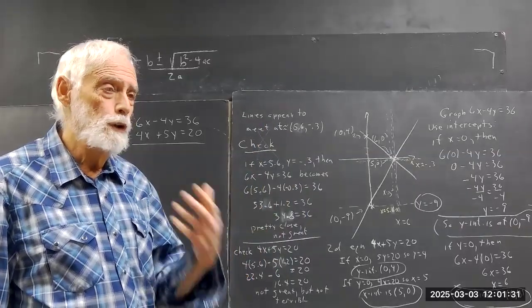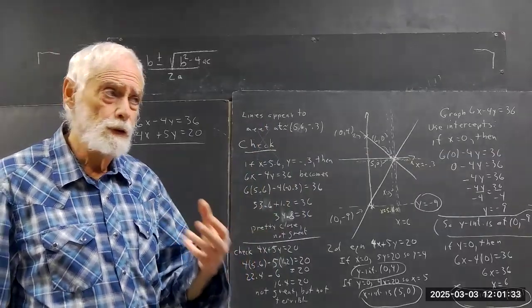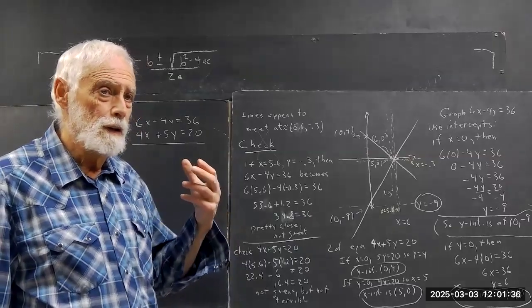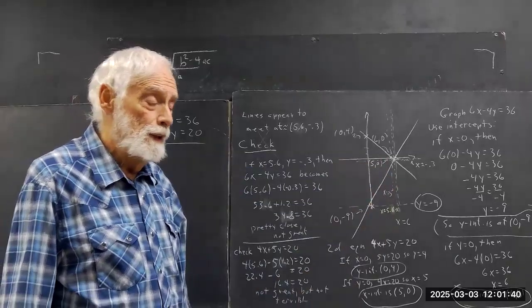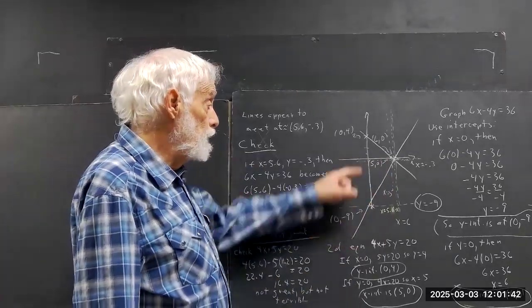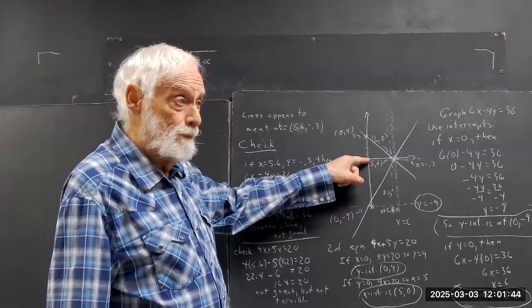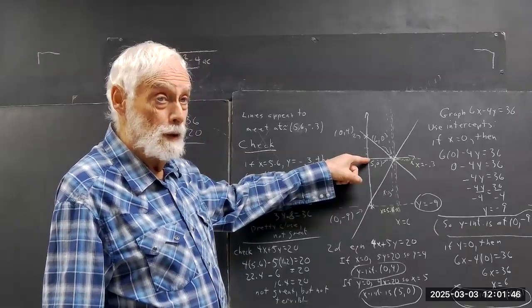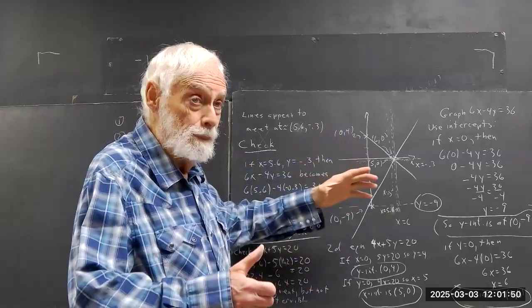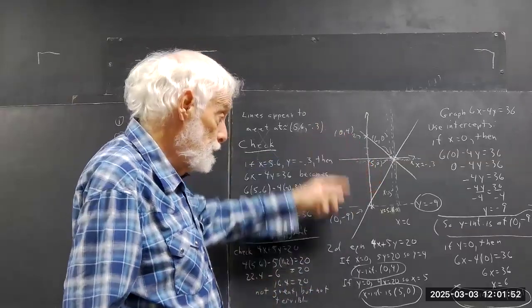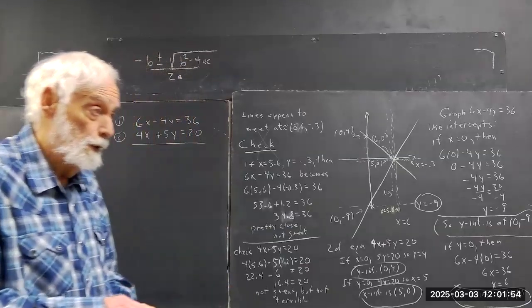And when you do that, you're probably going to get something a little bit less accurate than you would if you use these intercepts. Now, if the intercepts are very close to the origin, then slope intercept is really a better way to graph it. But if the intercepts are out away from the origin, the intercept method is going to probably give you a more accurate graph.